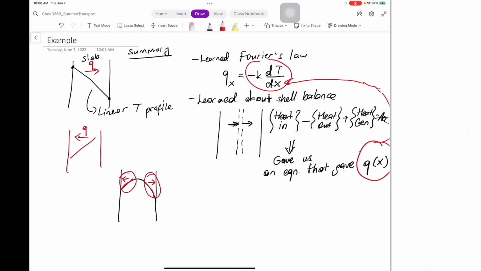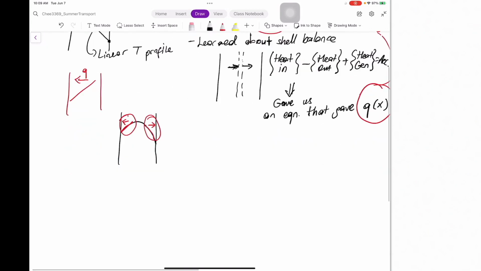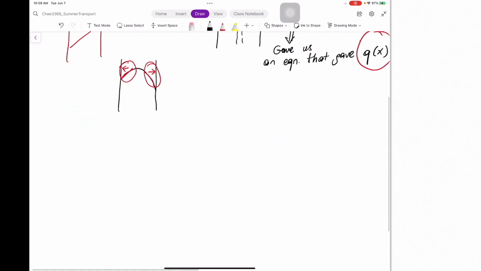Now, what are we going to do? Before we solve more problems, I would like to talk a little more about Fourier's law. More on Fourier's law.